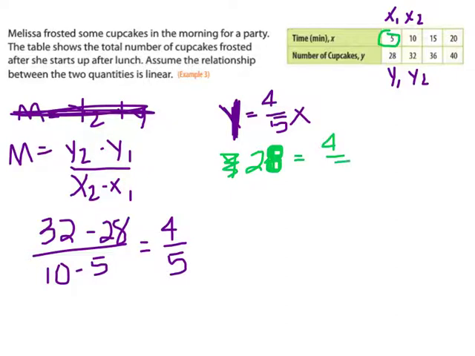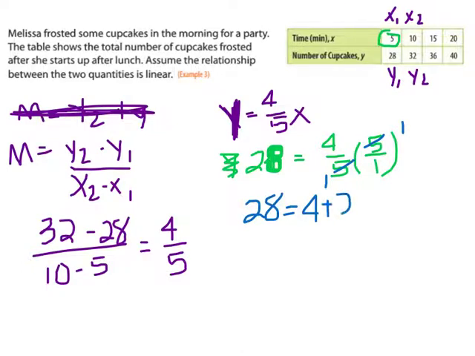So we have 4/5 times 5 over 1, which those cross cancel. We get 4 equals 28, which is not true, so you have to add 24. So we get 28 equals 28. The 24 is our b, or our initial value.